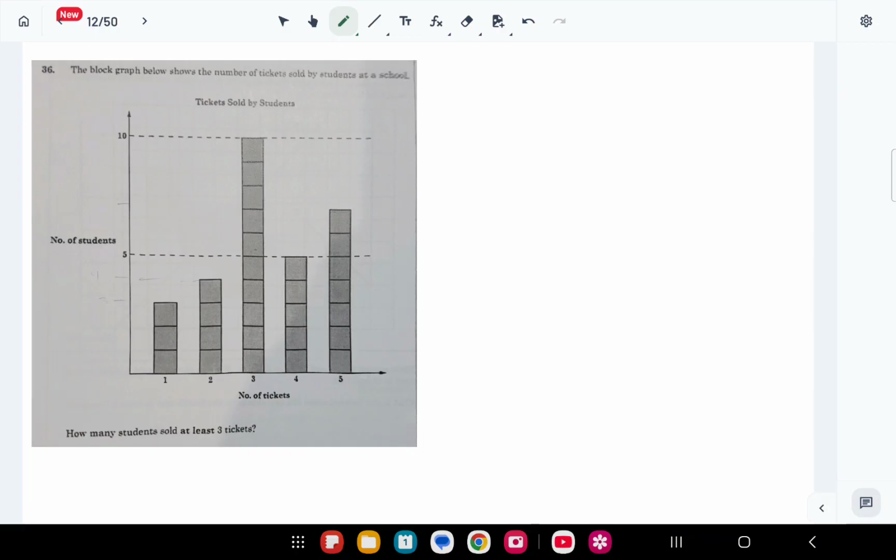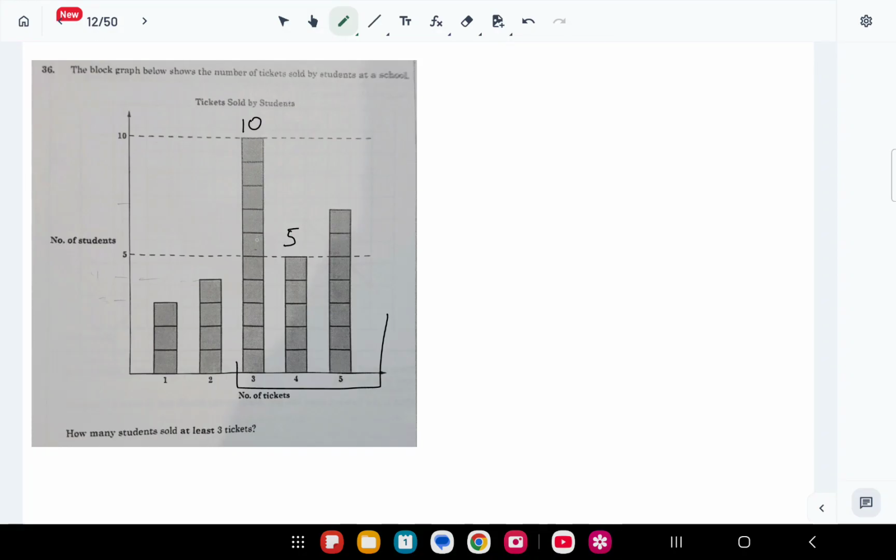Question asks, how many students sold at least 3 tickets? At least 3. So that would be 3 and above, which would be this set here. So we know now that would be 10. Here would be 5.